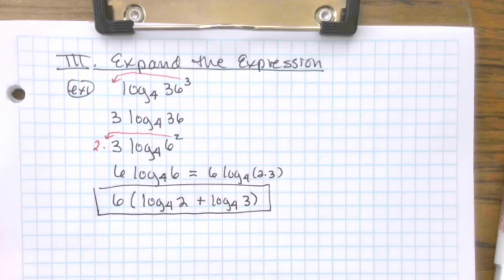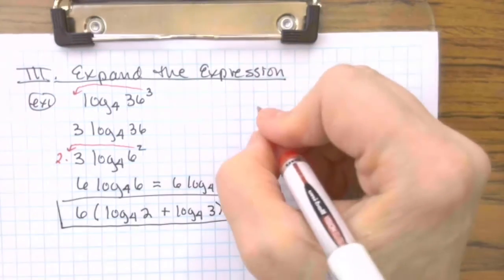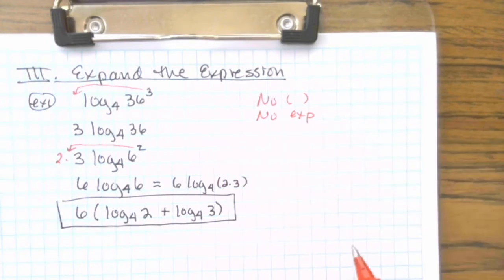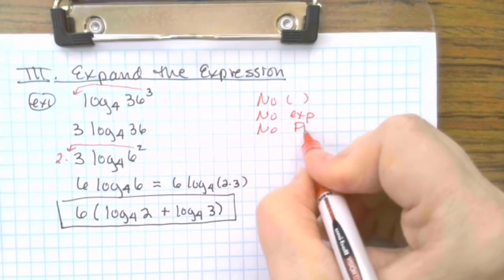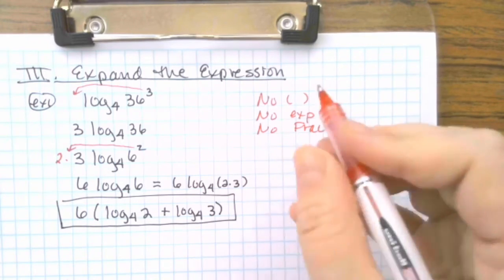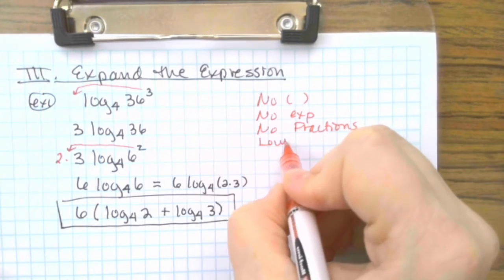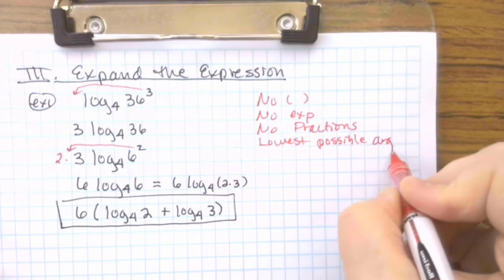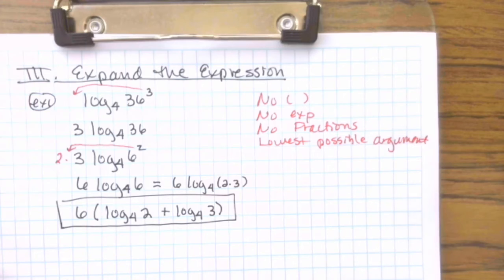So remember, when you're expanding, they want no parentheses, no exponents, no fractions, and the lowest possible argument. So basically, get as many terms out of it as you possibly can.